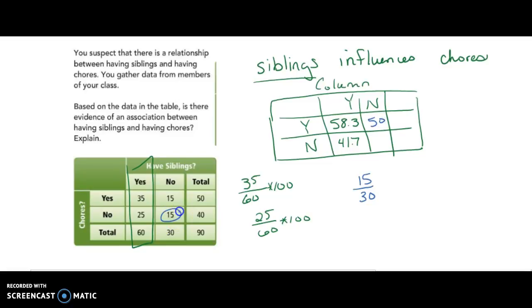And then the other 15, we don't have to do that one because we've already done it, that's 50%. So now we're going to take a look at our data in this column frequency table to figure out whether or not this influences. So if we have a sibling, it looks like most of us will do chores.